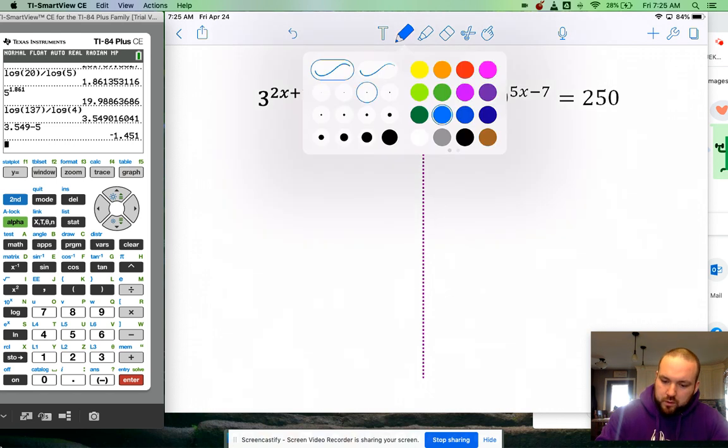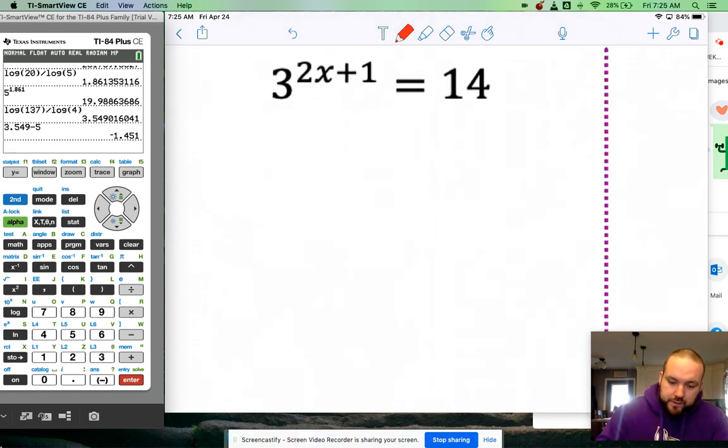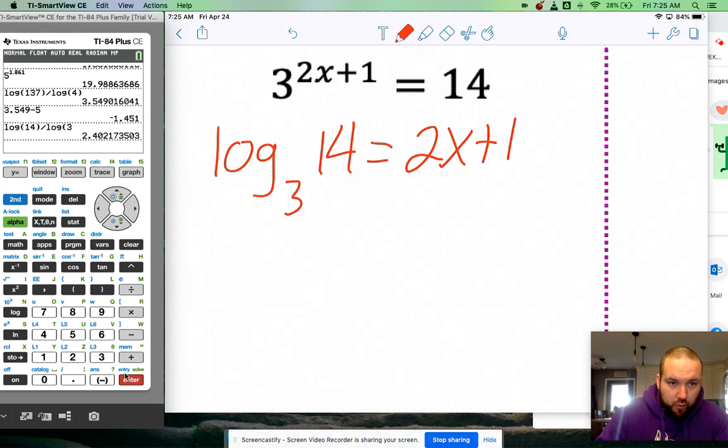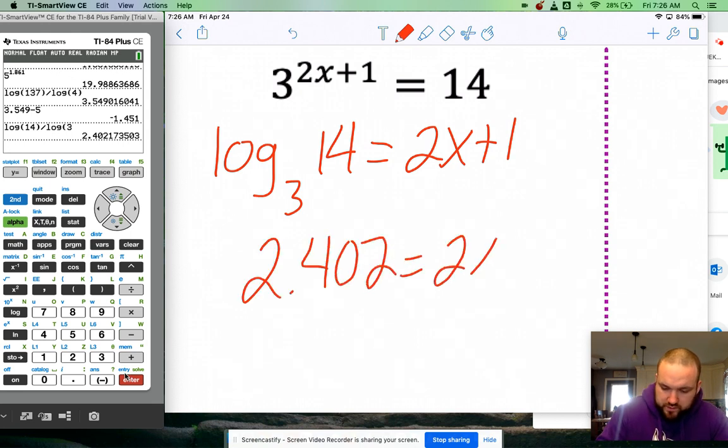back to our warm-up. All right, so if I rewrite this as log base 3 of 14 equals 2x plus 1. Log of 14 over log of 3, 2.402 equals 2x plus 1.